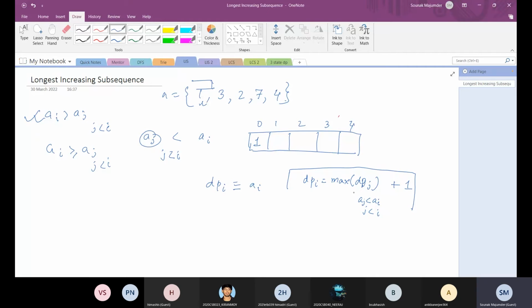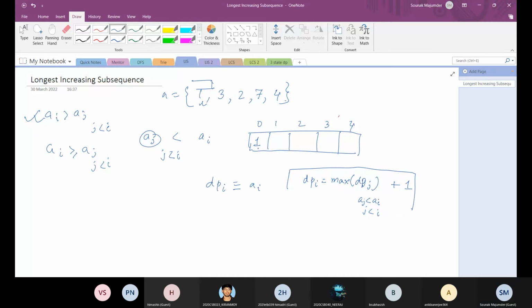As I explained, I have to find all those elements before a of I which are less than a of I. Only then can we make an increasing subsequence end with a of I. So we have found those, and we have to find the max of their dp values. Among all those elements, we have to find the one where the longest increasing subsequence is maximum.